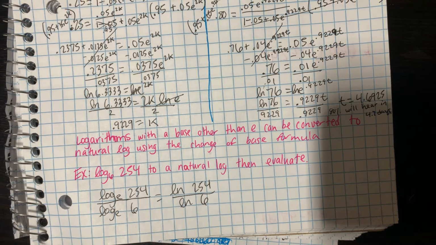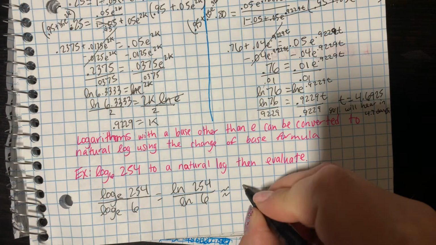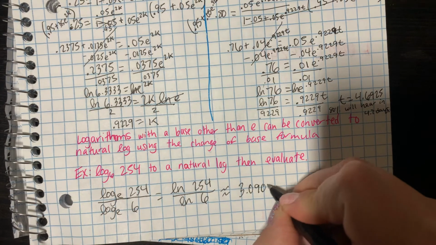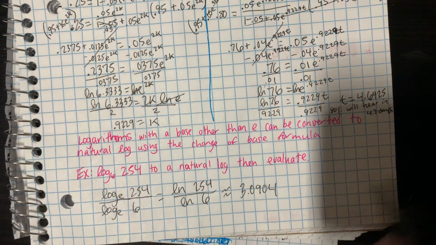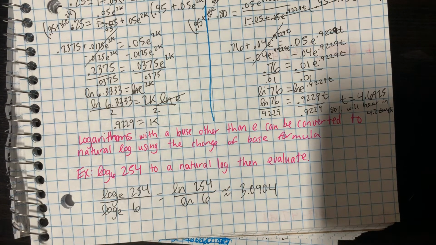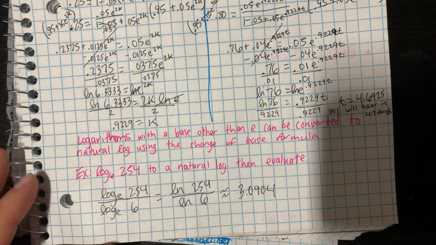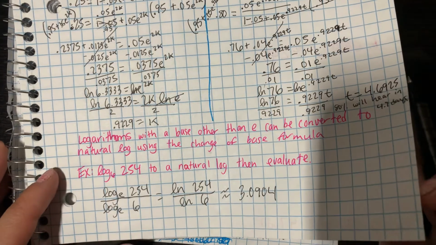Now I just plug this into our calculator and we'll get that this is approximately 3.0904. Thank you, change of base formula, for getting us this answer. If we did it in log base 10, we would still get the same answer, because we both have ln's here. That's why.